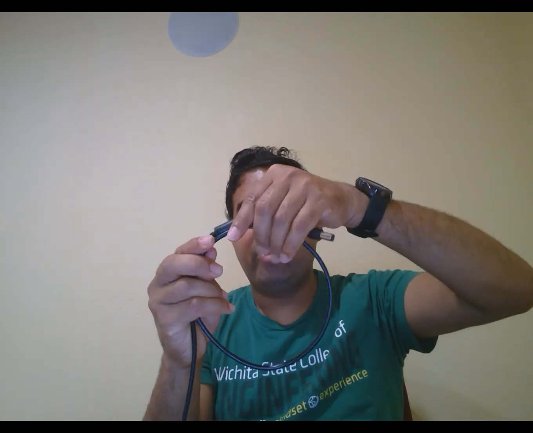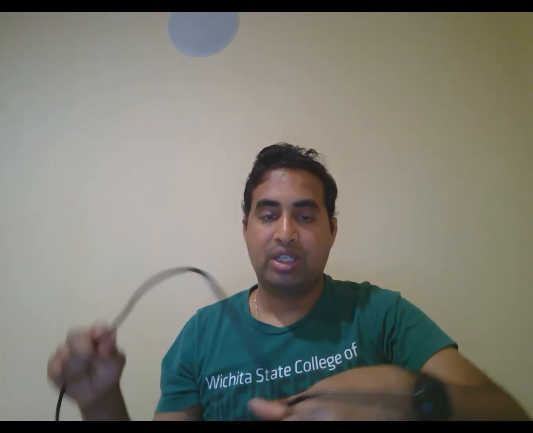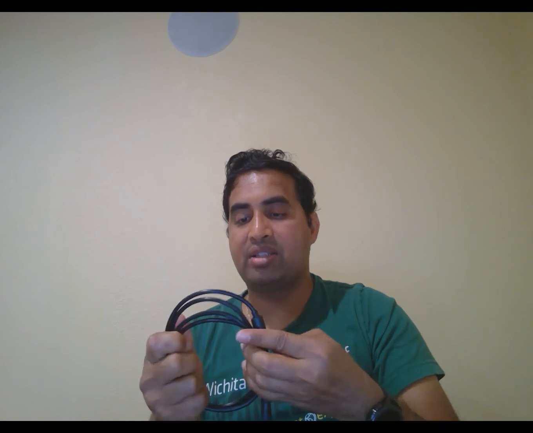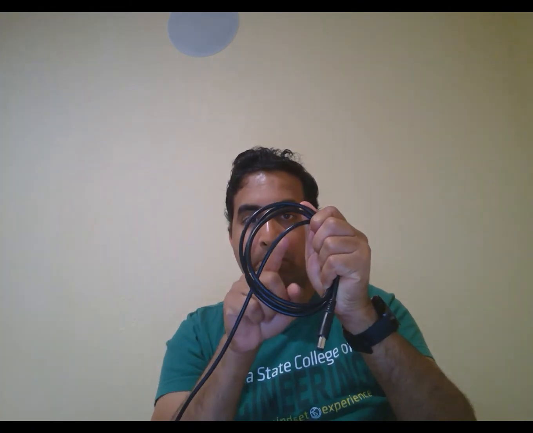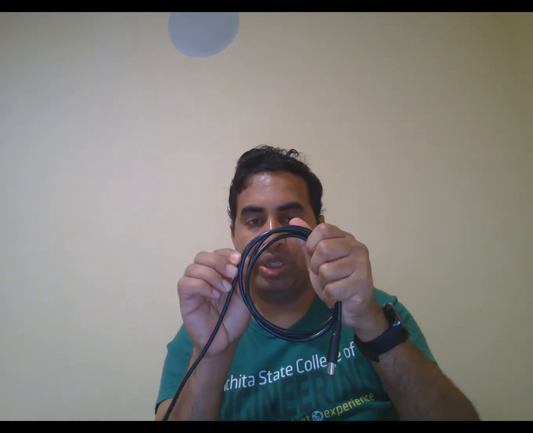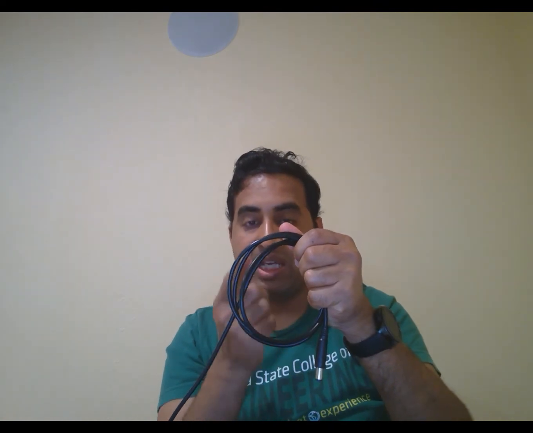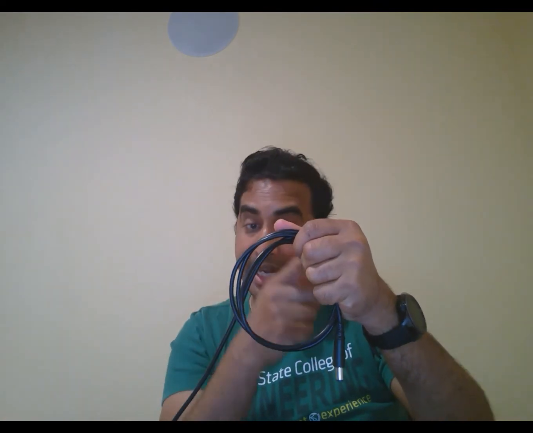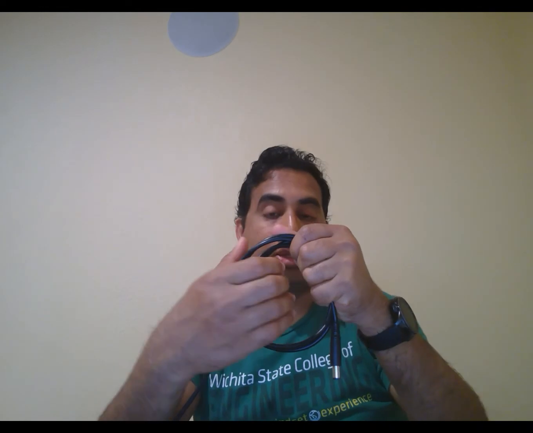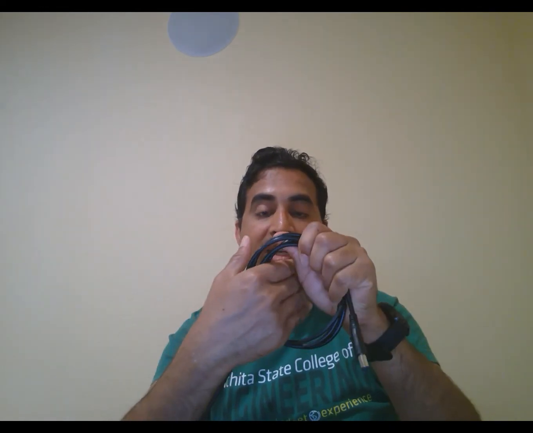Now say, for example, I'm going to make this n number of loops, a certain number of loops. Say here I made this look like 4 loops. Because of each loop of wire there is some magnetic field. Now the current is flowing in every loop in an anti-clockwise direction, so there is lots of magnetic field in this coil.